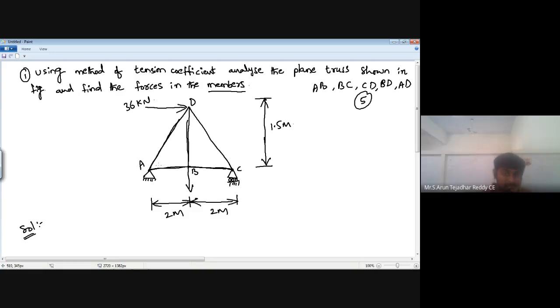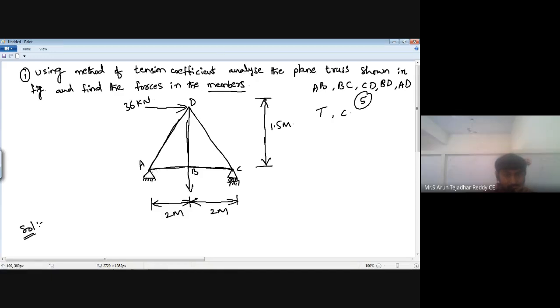Finally, whether AB will come tension or compression, we don't know. BC, tension or compression, we don't know. CD, BD, AD, we don't know the forces in the members. Finally, we'll find whether it is tension or compression. Before solving for the forces, observe this diagram clearly.